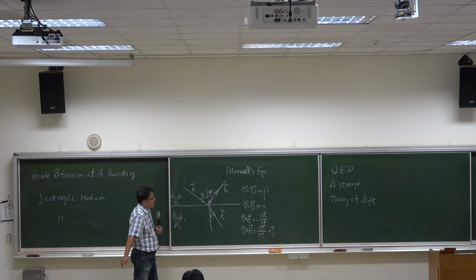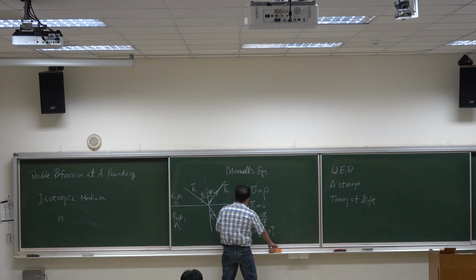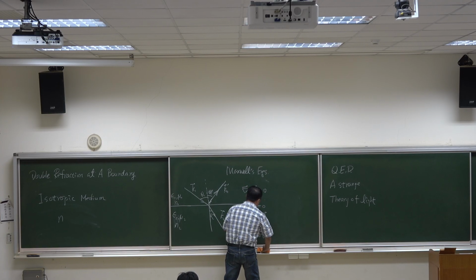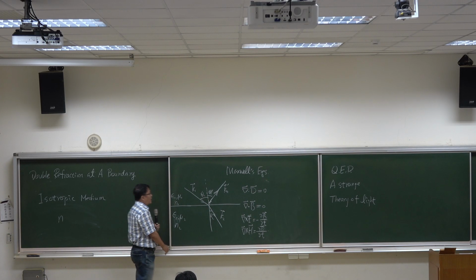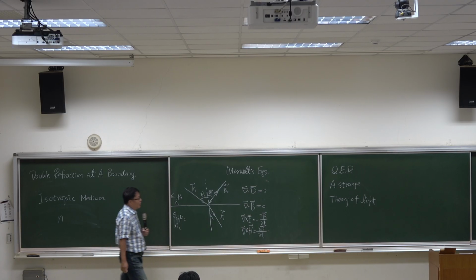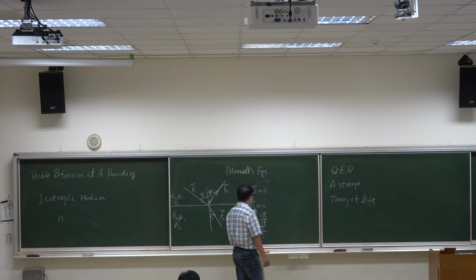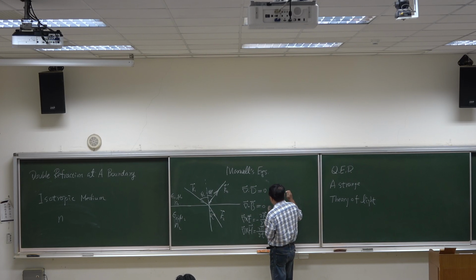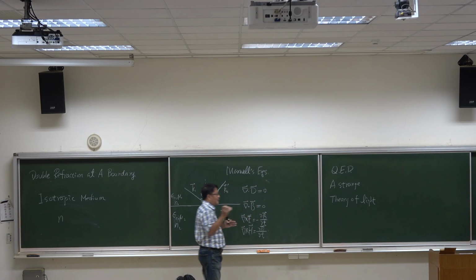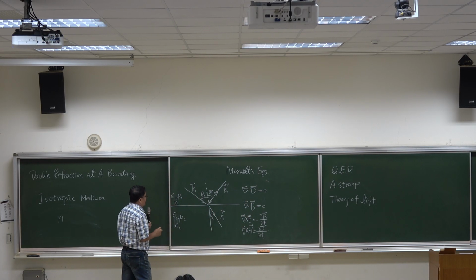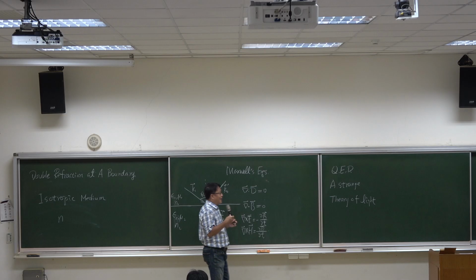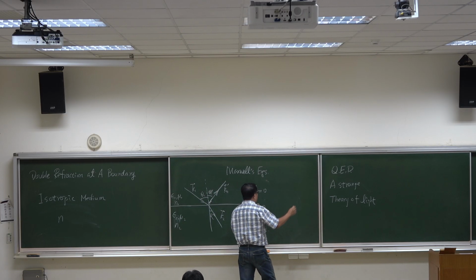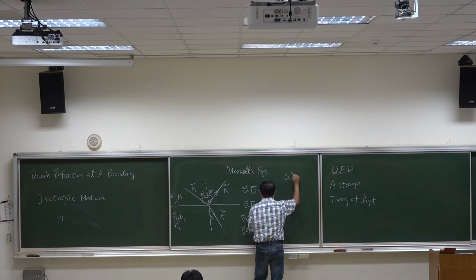For usual optical material, we set rho to be 0 and J to be 0. No current density and no charge density. And we assume a monochromatic wave, which means that the wave vibrates with a specific angular frequency omega.